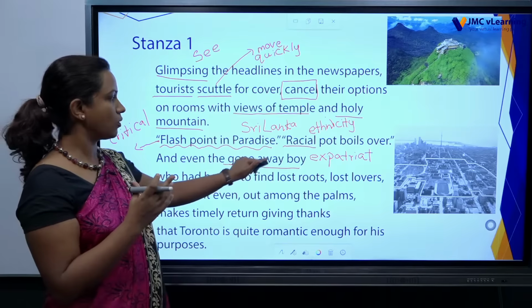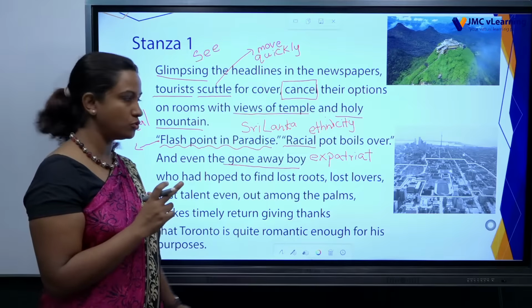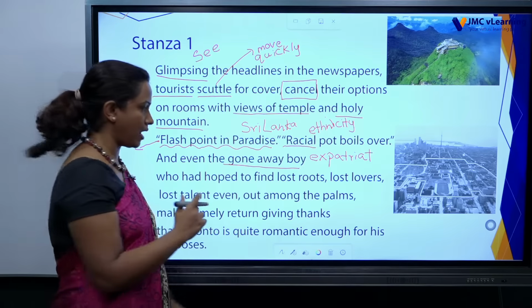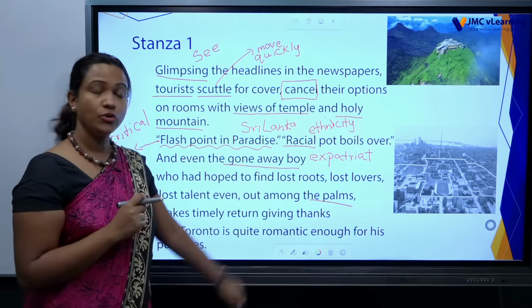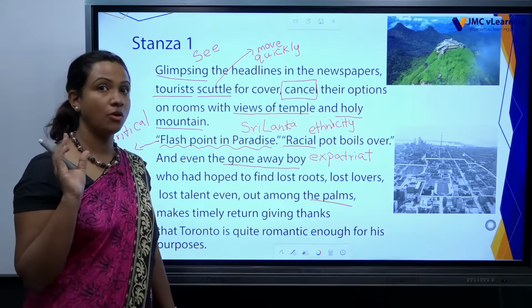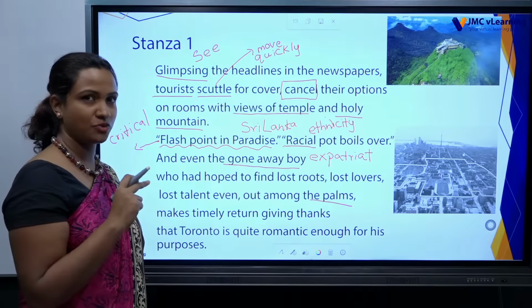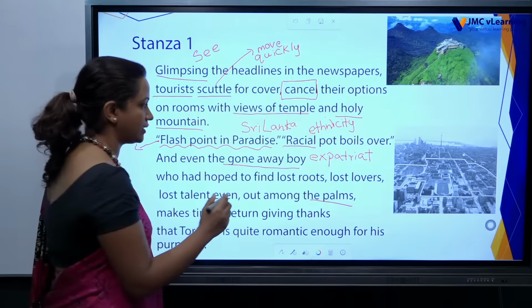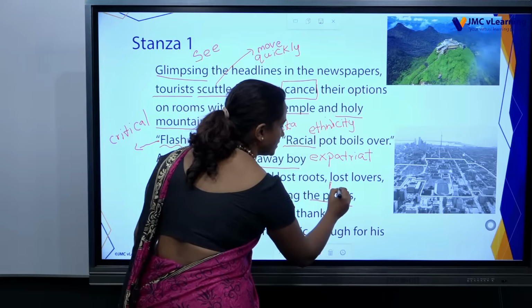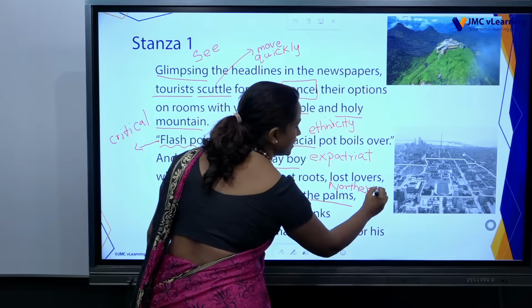So, and even the gone away boy, that expatriate who had hoped to find lost roots, lost lovers, lost talent even out among the palms. Where do you find the palms? Palms have to do with the north, in Jaffna you can find the palm tree. So the boy is representing the northern side of Sri Lanka.